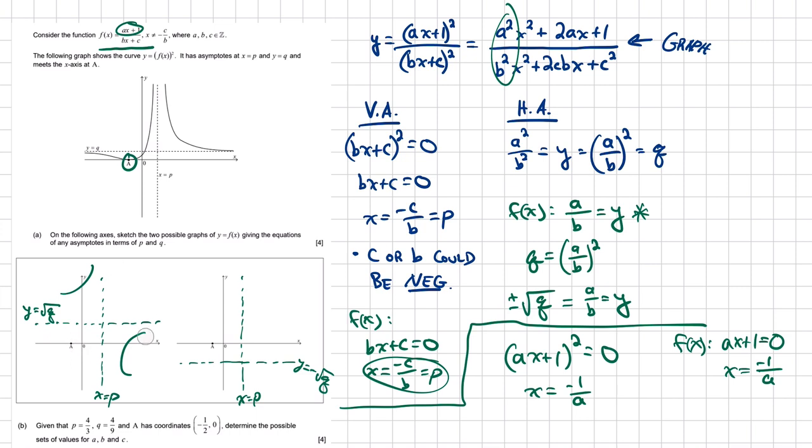We can decide which one it is, because if I had a graph on the left-hand side that looks like this, we can see that it's not intersecting the x-axis at that point A. So that tells me that I have a graph that ends up looking something like that. And likewise, on the right-hand side, we need to intersect at A, so we're going to end up with a graph that looks something like this. All right, so that should do it for part A.